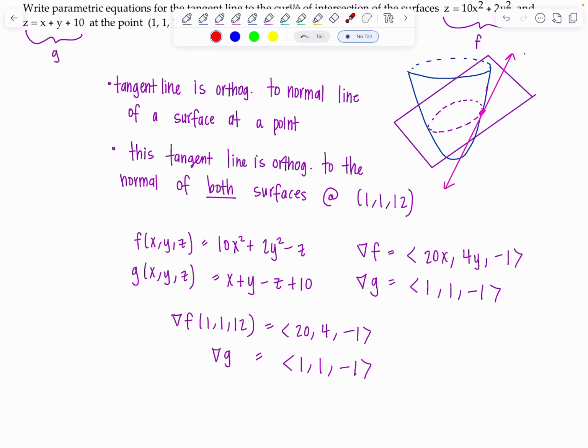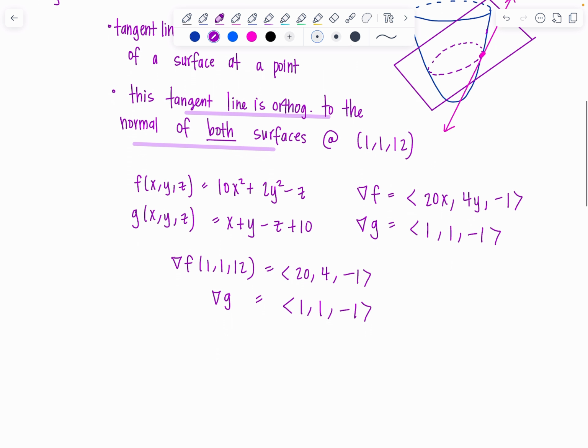And here I am trying to write the equation of the tangent line, so I need the direction vector of my tangent line. But notice this important piece of information. My tangent line is orthogonal to the normal of both surfaces. My tangent line's direction vector is mutually orthogonal to both these vectors. What am I hinting at you to do? Yes, to cross these two vectors, right?